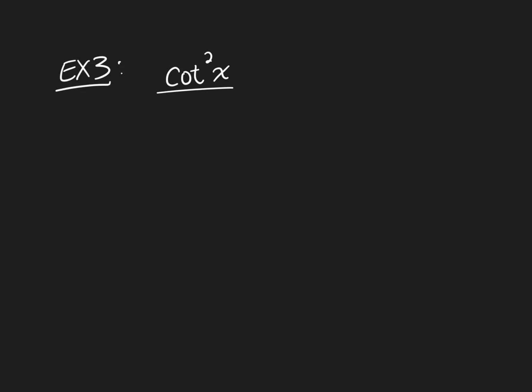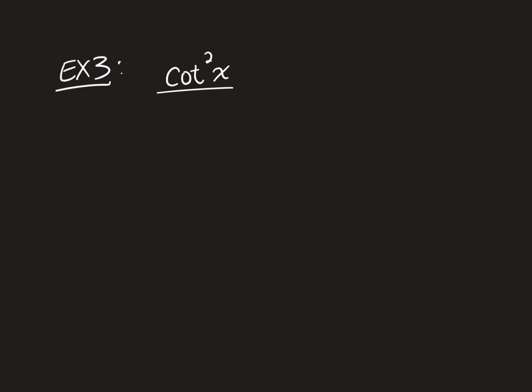The thing that draws me to one side versus the other is that the right side has all the same trig function in it. It's all sines on the right. But on the left side, I've got a mixture of trig functions, cotangents and cosecants. So I would probably pick the left side because it's got that mix of trig functions.